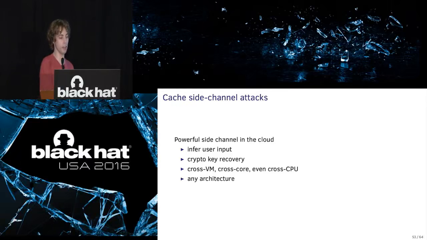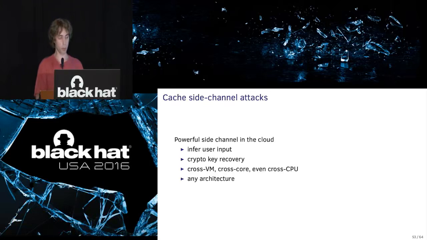We have seen side channels to infer user input like single keystrokes. Sometimes you can even narrow it down to the letter that has been entered. We have seen crypto key recovery in one encryption, with 97% of the key bits recovered. We have seen cross-VM attacks, cross-core attacks, even cross-CPU attacks this year. We have seen attacks on any architecture.